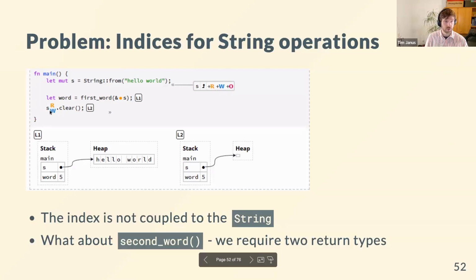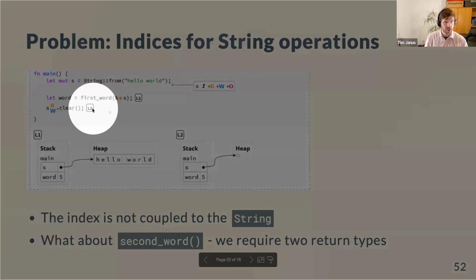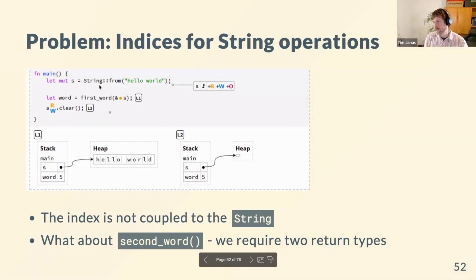And then, because there's no information, we could clear the string and still there's no information about the word being related to the string. And also, when you think about an API, sometimes you just get one index for find, and for substrings you normally need two indices and so on.